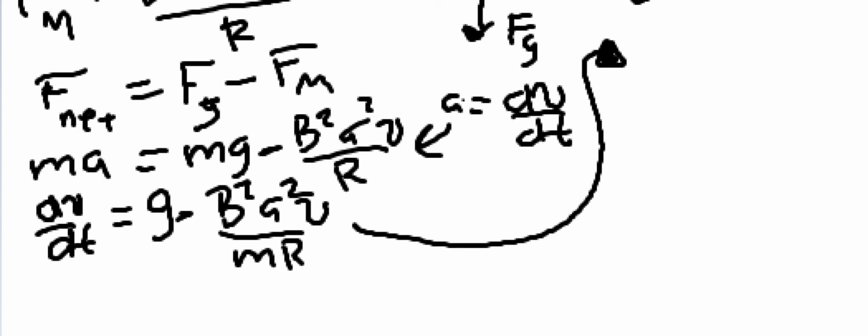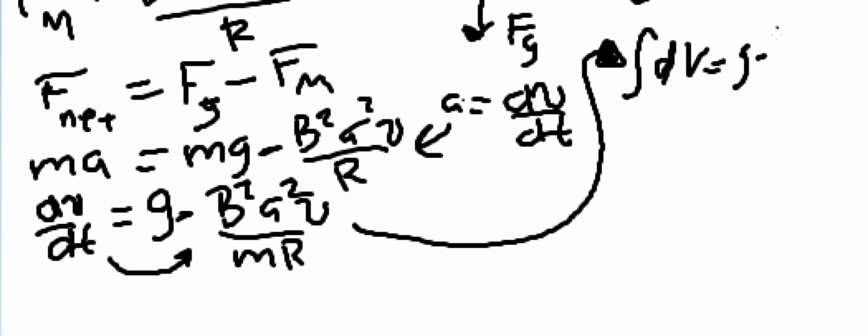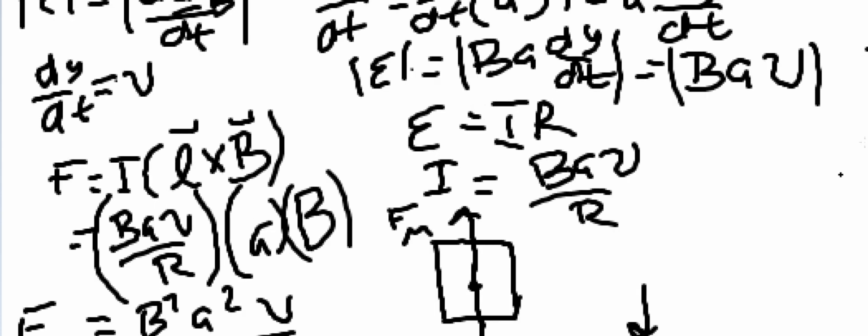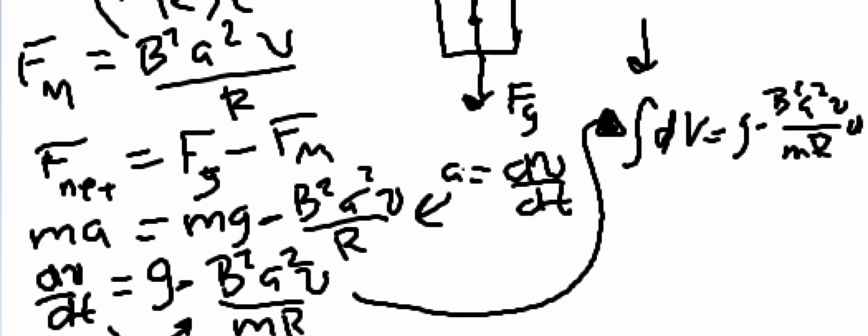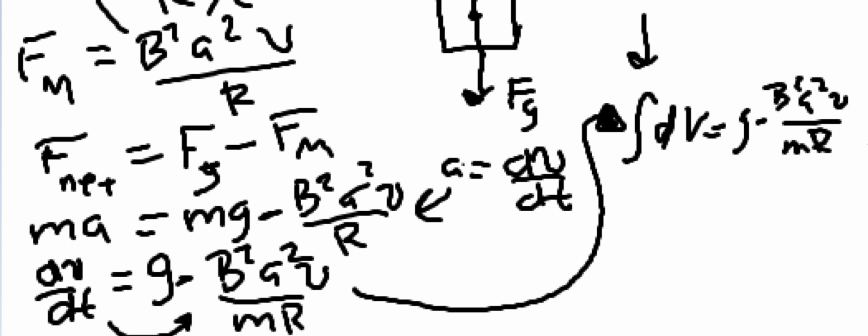I'm going to multiply this by dt, skipping this step, and integrate dv and this quantity g minus B squared a squared v over mR times dt. Whoops, I made a mistake.